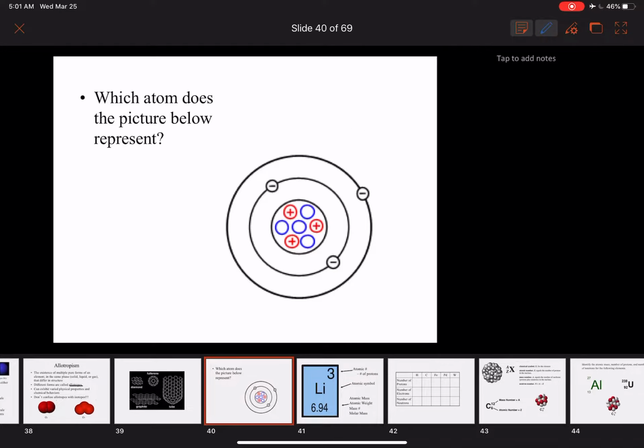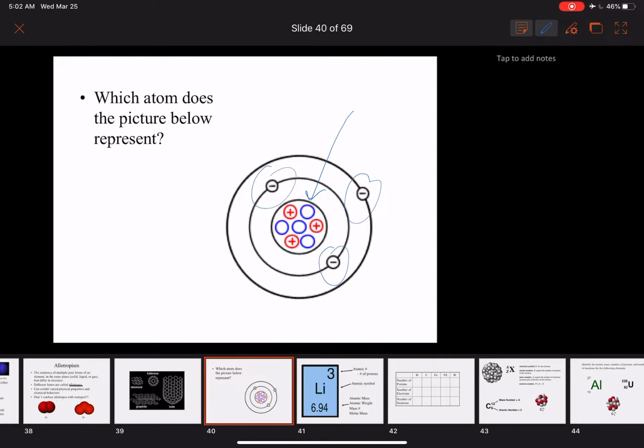And when we took a look at this picture right here, we saw that indeed in the nucleus of our lithium, we've got 3 protons, 4 neutrons, and that's it for the nucleus. And then around the outside, we have 3 electrons. Now, our question was, where do the electrons go, into which orbitals?